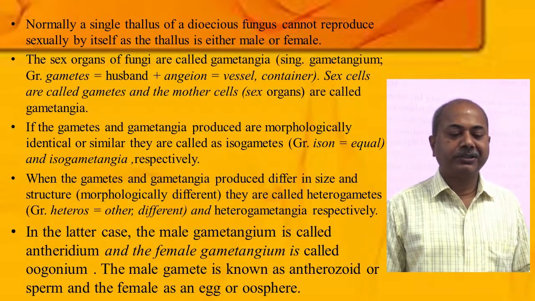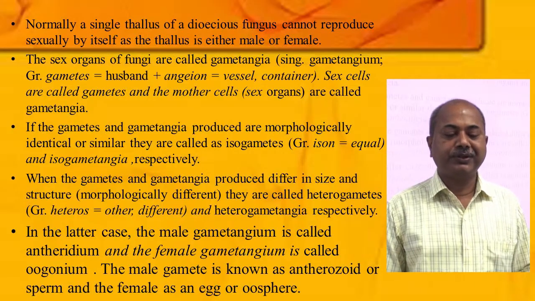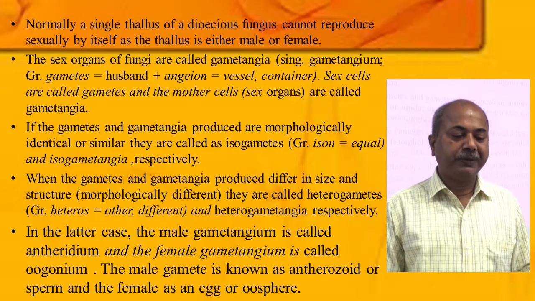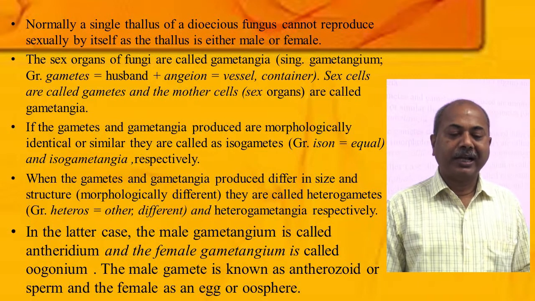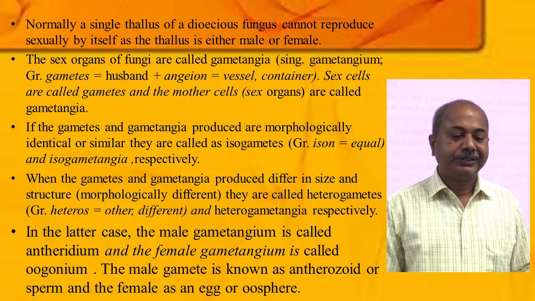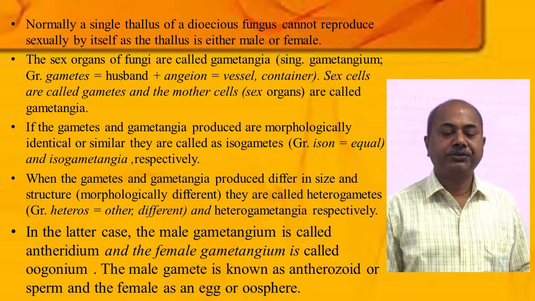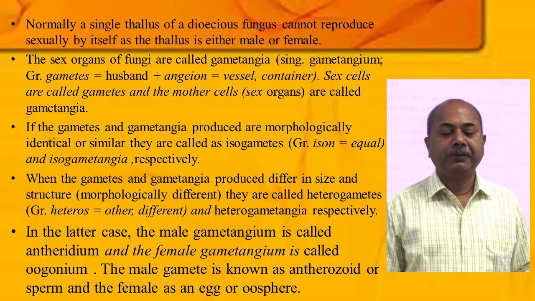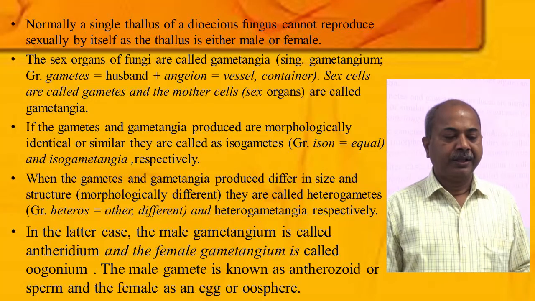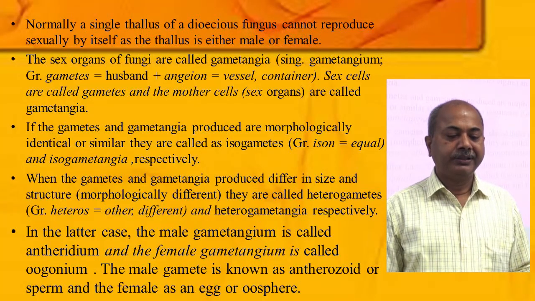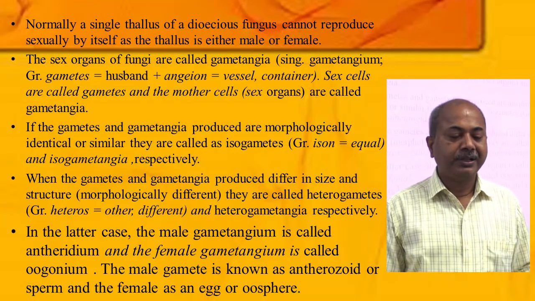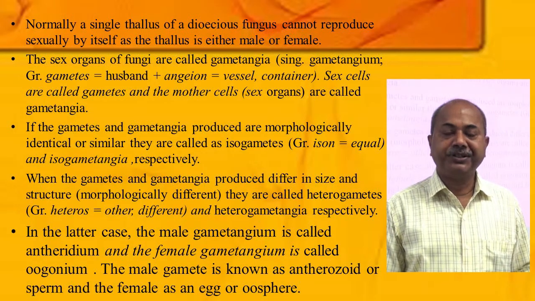Normally, a single thallus of a dioecious fungus cannot reproduce sexually by itself, as the thallus is either male or female. The sex organ of the fungi is called gametangia. The singular is gametangium, and the sex cells are called gametes, and the mother cells or sex organs are called gametangia.